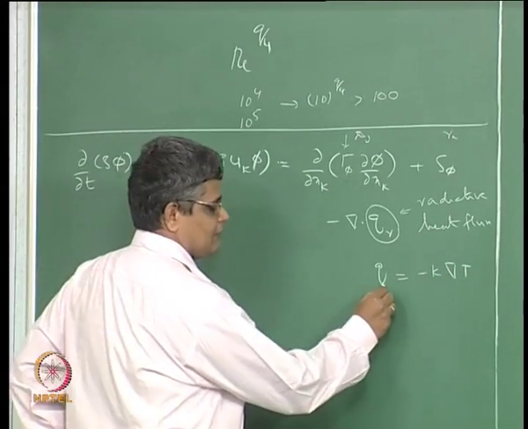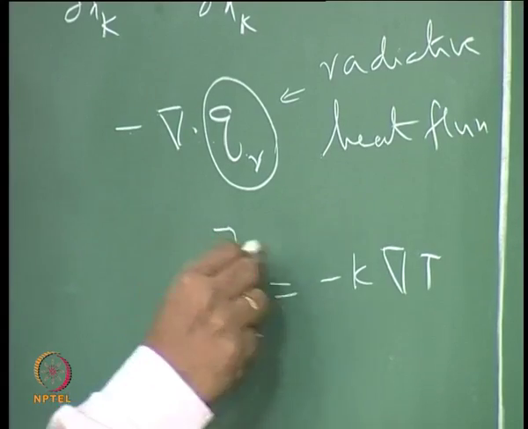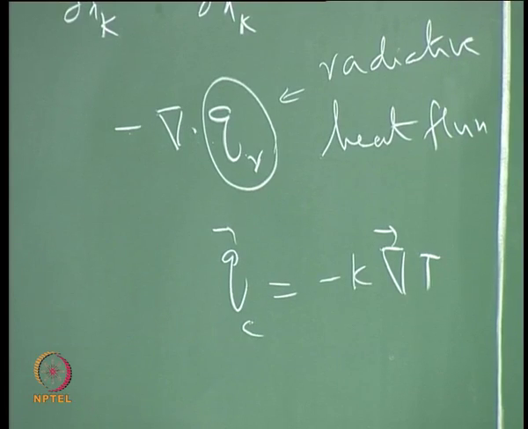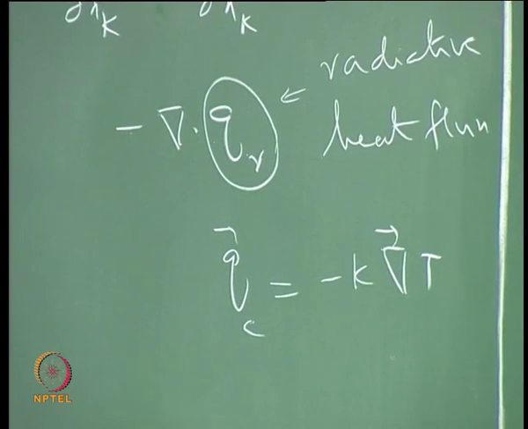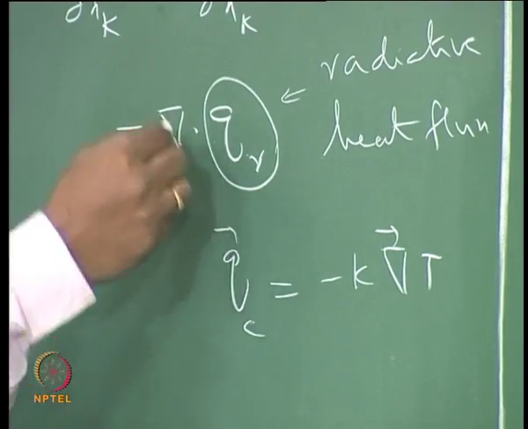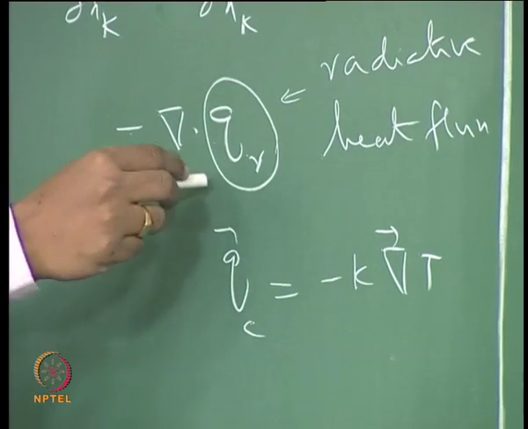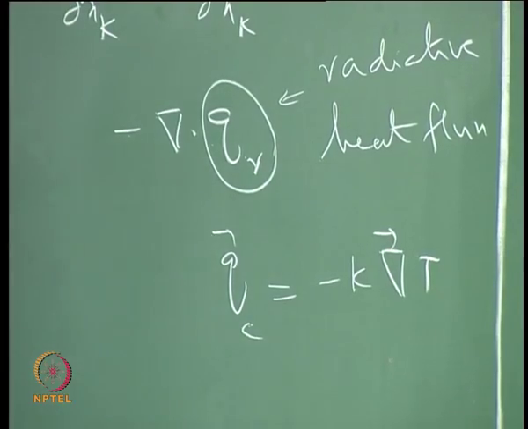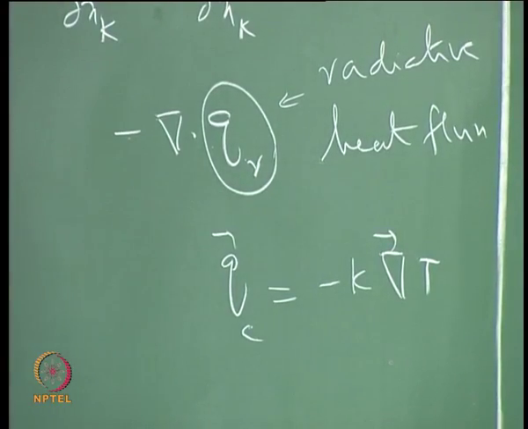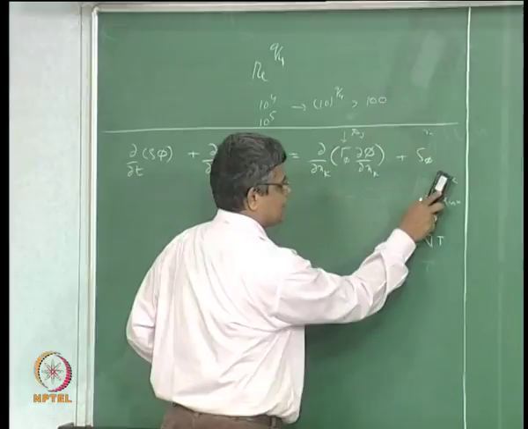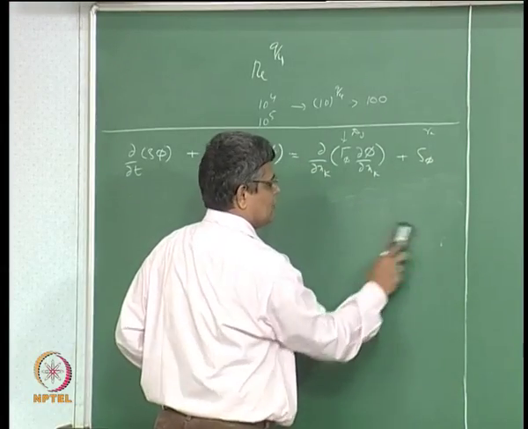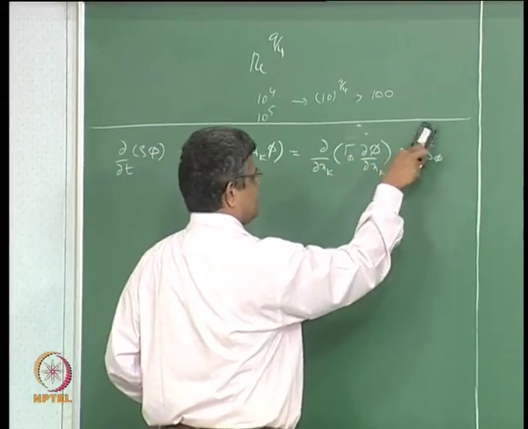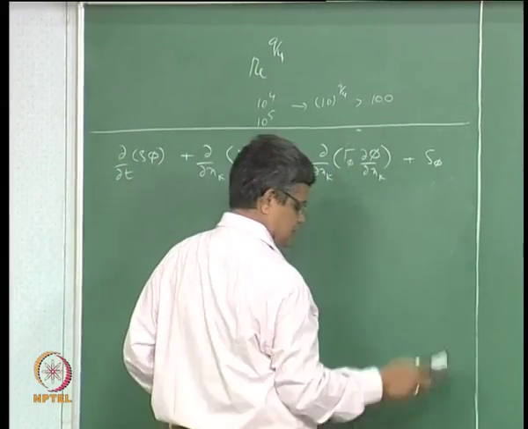So for conduction, Qc is given by this, but radiative heat transfer cannot be written as simply as that, and so that is usually brought in as an additional flux term in this particular form. So the point that we are making is that we have this kind of generic scalar transport equation which can represent all the different conservation equations that we have derived so far.